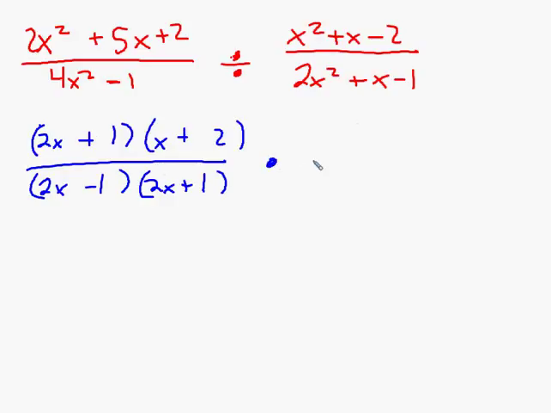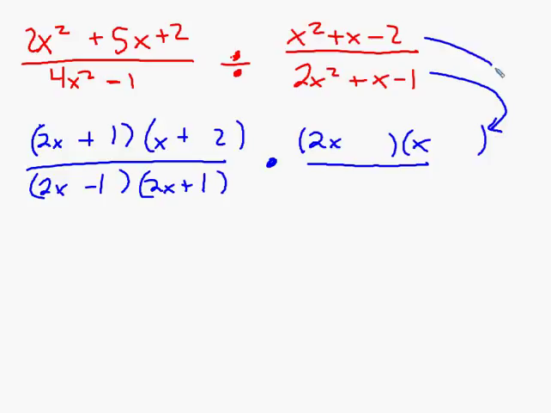So I need to remember as I factor that I'm going to flip around where everything is. This one actually ended up right here, and this one's going to end up right here because I'm doing KFC, keep flip change. 1 and 1, plus, minus.